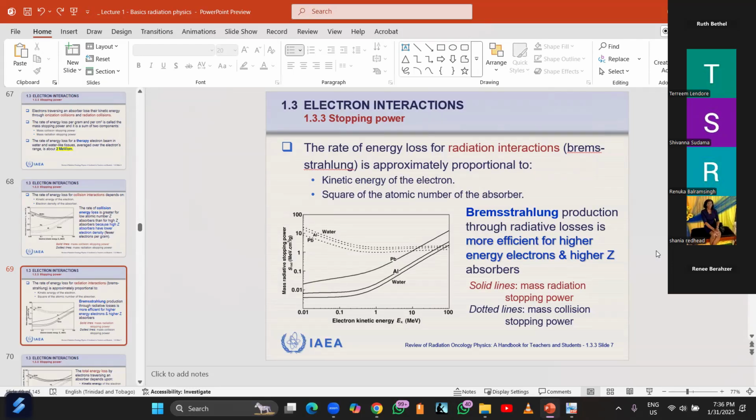So those are some of the factors you need to consider when choosing a target. If you want to create photons from electrons, make sure you use a high Z target. Tungsten is one of the most popular. Other reasons include the fact that tungsten has a high melting point.